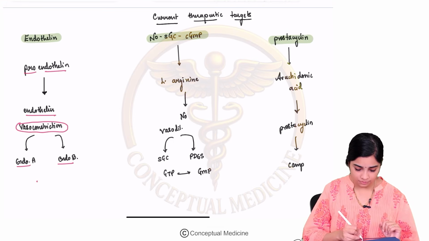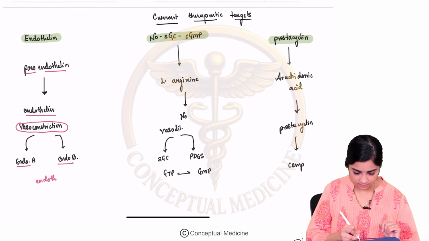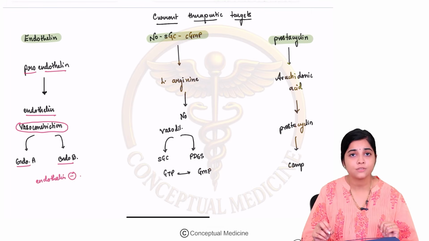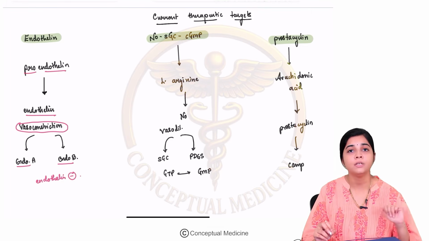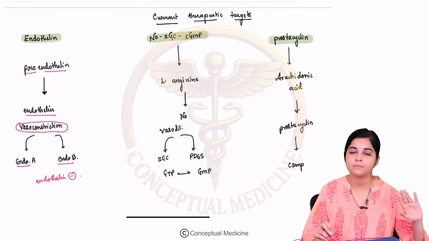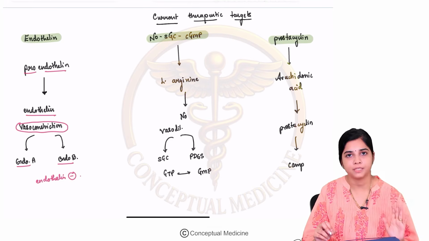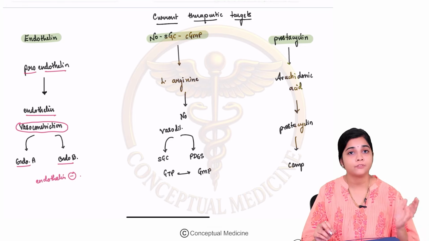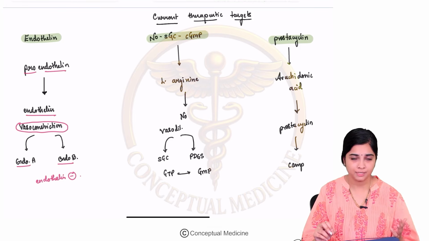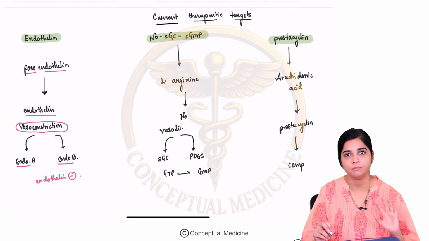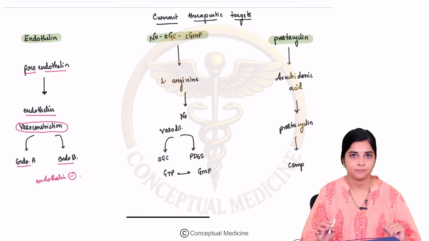So if you give endothelin inhibitors, they form one of the first line managements for the treatment of pulmonary hypertension. One of the first line targets is your endothelin receptor blockers. Which are those? We will be looking at that when we look at the management.